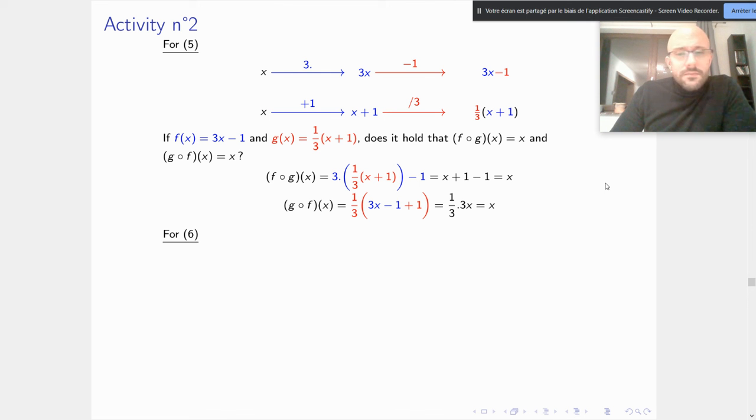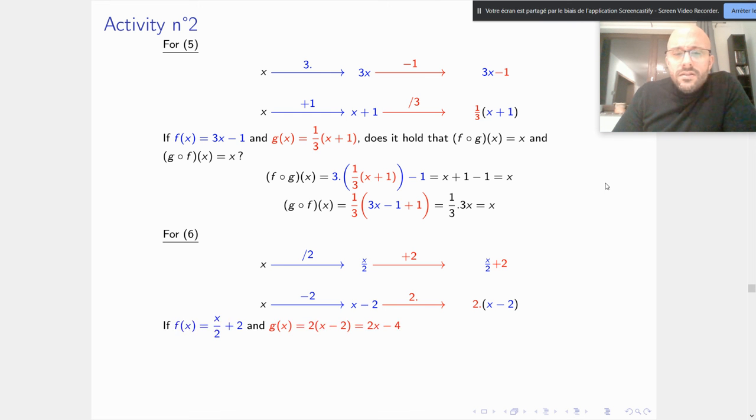What about 6? We had those schemes. So the two functions that we are analyzing are x over 2 plus 2 and 2 times x minus 2. So what about f after g?